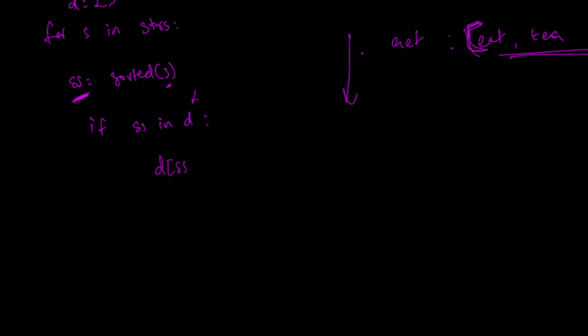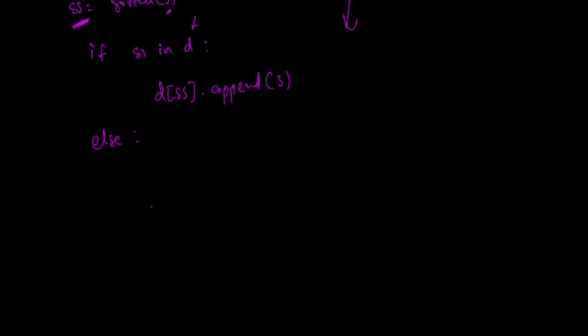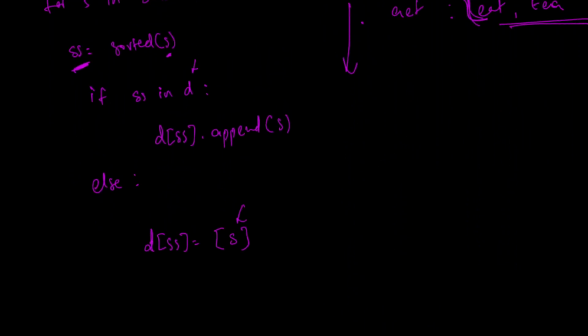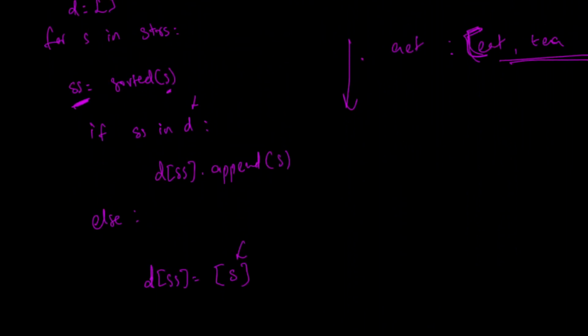So D of SS dot append of S. Else, I just create a list with the single value S. And at the end, this would be ABT and so on.